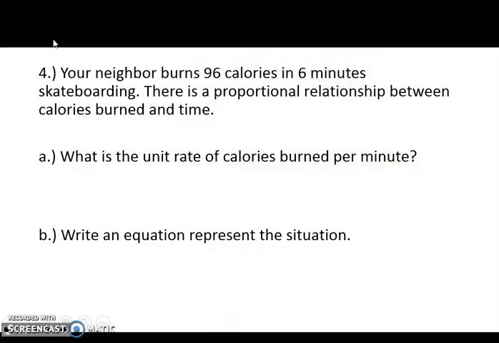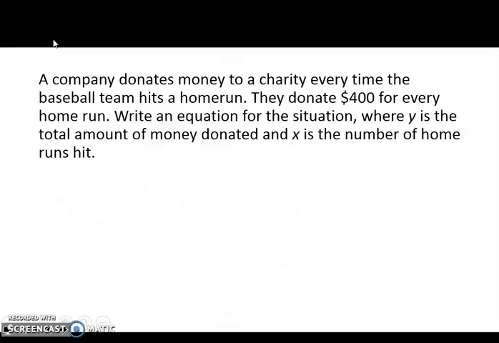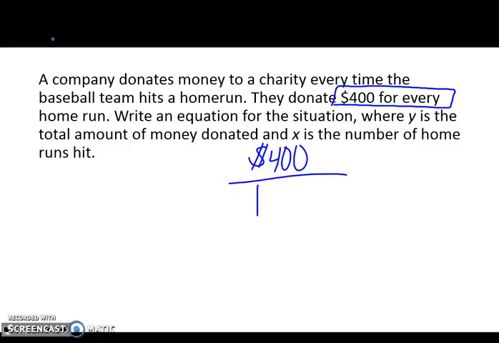The biggest thing to remember is that unit rate is the same thing as slope. A company donates money to a charity every time the baseball team hits a home run. They donate $400 for every home run. So we can go ahead and write our unit rate. We get $400 for every, so for one home run, we get $400. Write an equation for the situation where y is the total amount of money donated and x is the number of home runs that they hit.